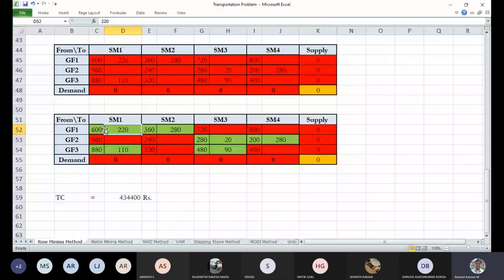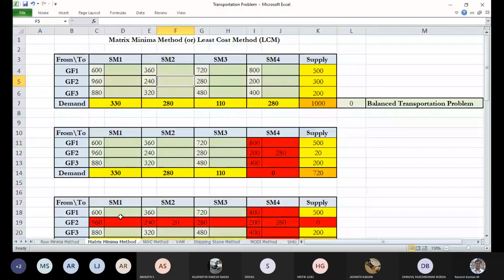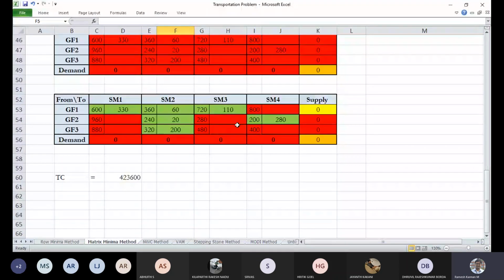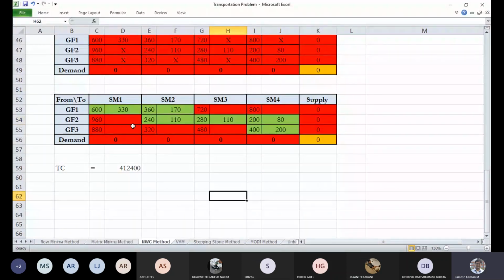If you count the number of allocations, it's 1, 2, 3, 4, 5 and 6. In the matrix minima the pattern is different, but the number of allocations is the same: 1, 2, 3, 4, 5 and 6. Even in the northwest corner we have 1, 2, 3, 4, 5, 6, and in VAM also we have 1, 2, 3, 4, 5, 6.